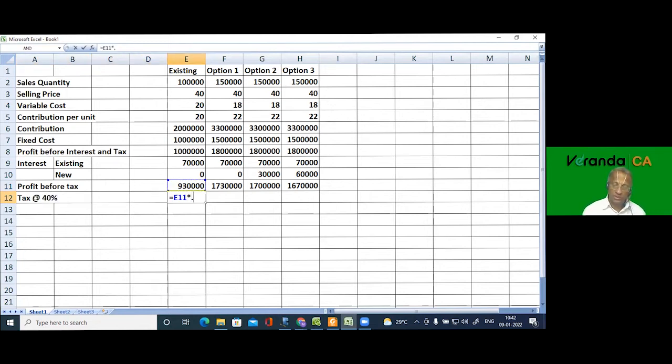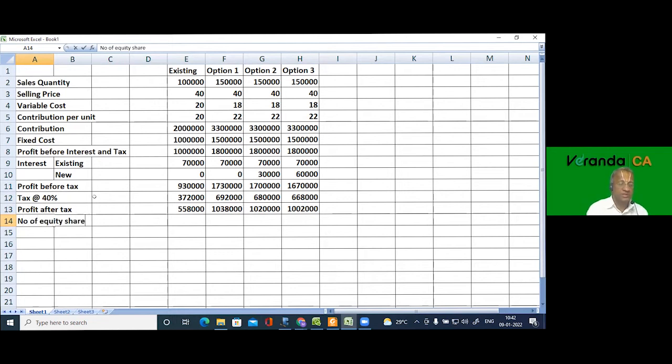So into this 0.4. So we have just got this profit after tax. So they are different. Correct? They are different.